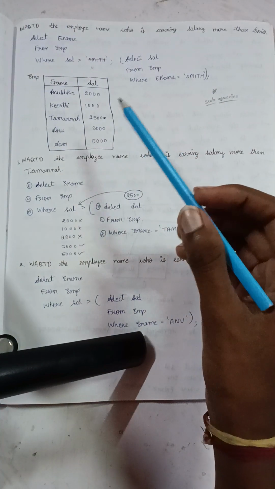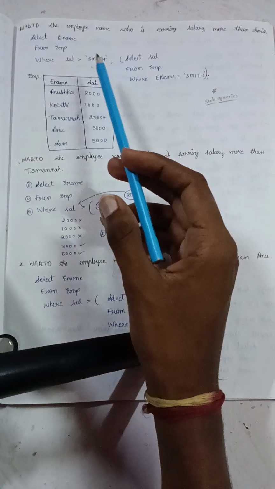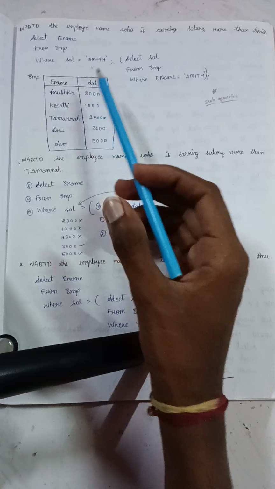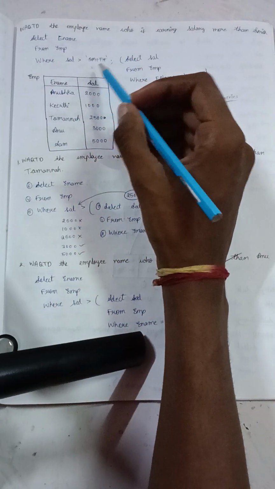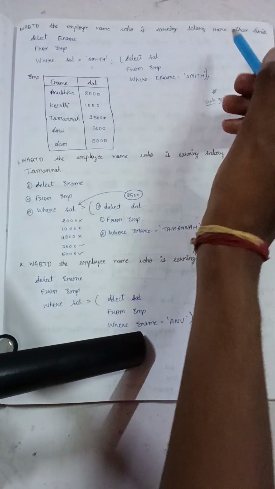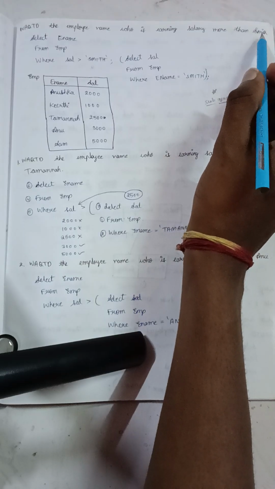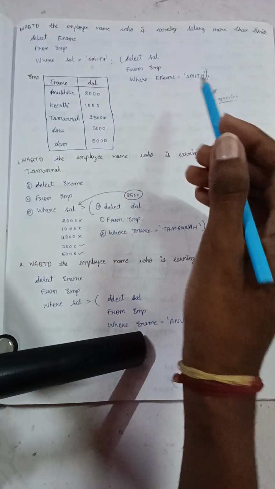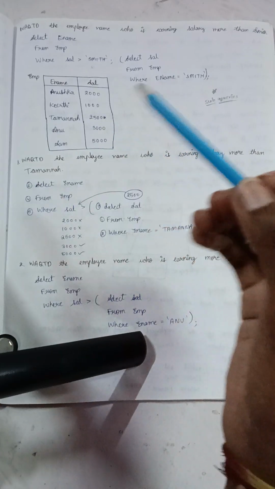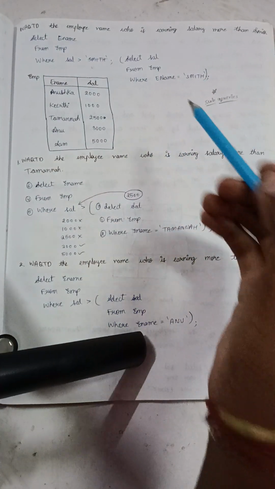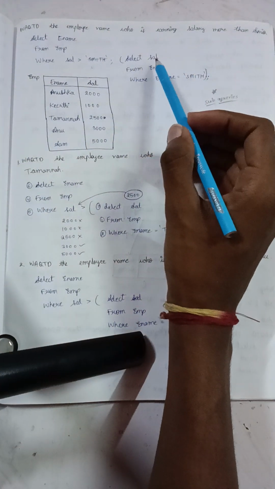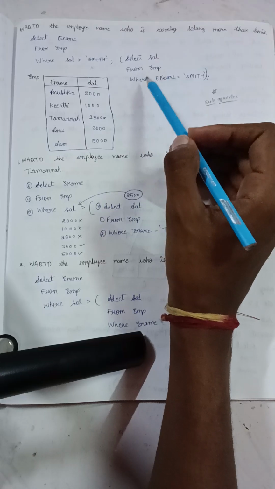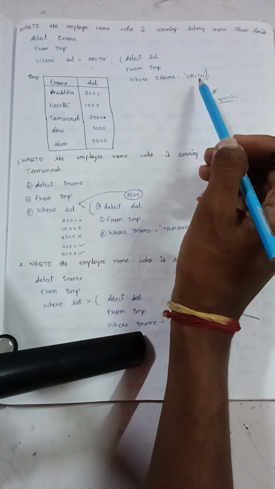So if we want to write a query, suppose here we want to know about Smith's salary. We can write: select salary from EMP where ename is equal to Smith.